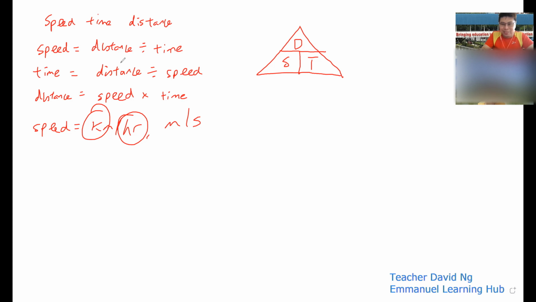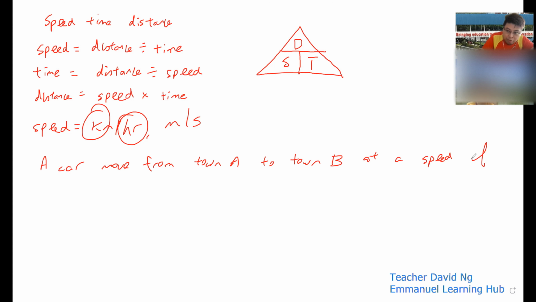I give you a very simple question now. A car moves from town A to town B at a speed of 80 kilometers per hour.